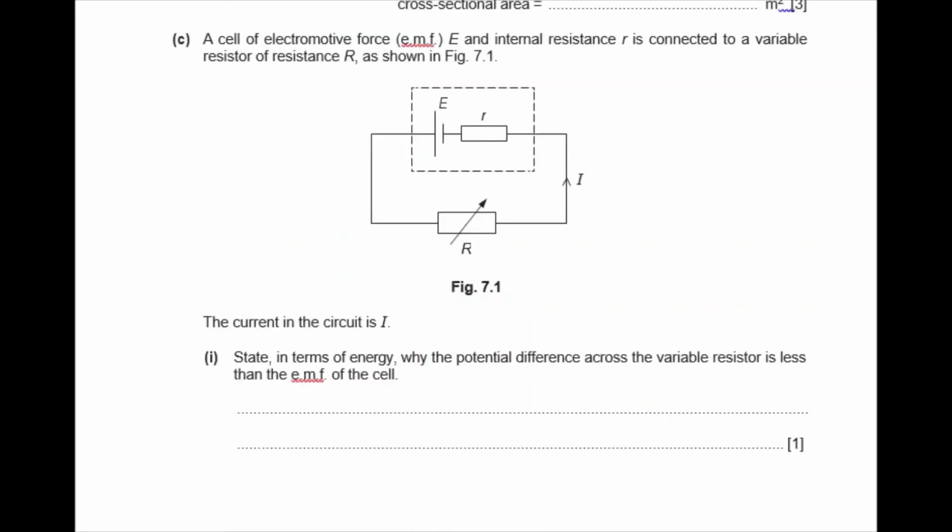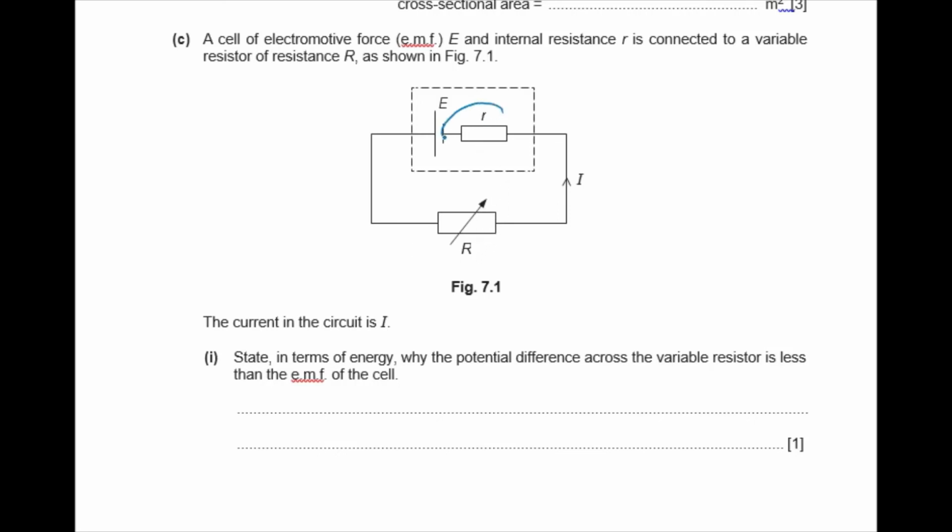C. A cell of electromotive force EMF E, and internal resistance r, is connected to a variable resistor of resistance R as shown in figure 7.1. The current in the circuit is I. 1. State in terms of energy why the potential difference across the variable resistor is less than the EMF of the cell.